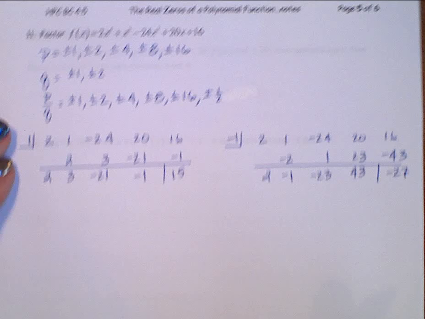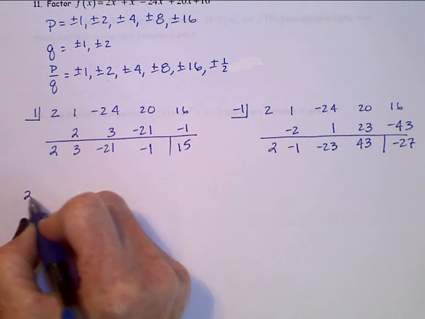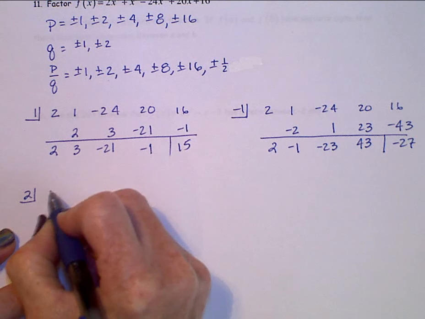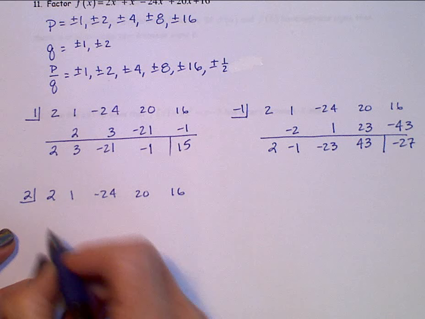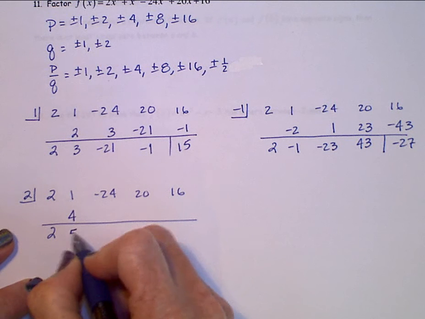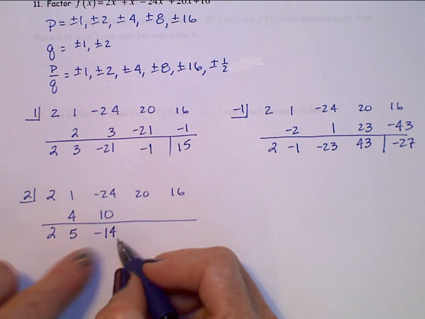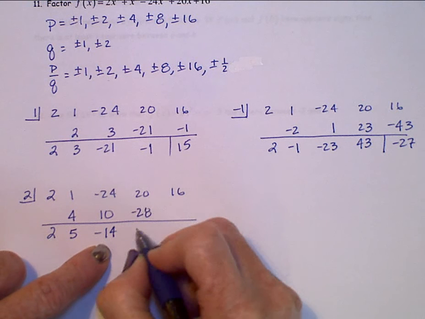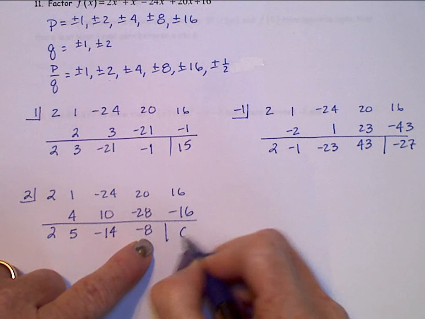Let's try 2. Let's see, we're going to have 2, 1, negative 24, 20, and a 16. 2, multiply, that's 4, add, 5, 10, negative 14, times 2 is negative 28, add, that's negative 8, times 2, negative 16, remainder 0.